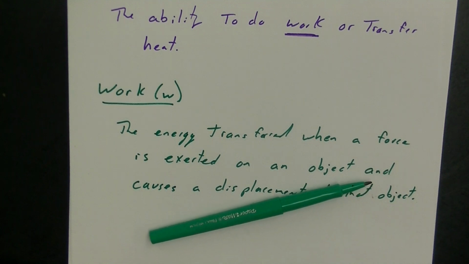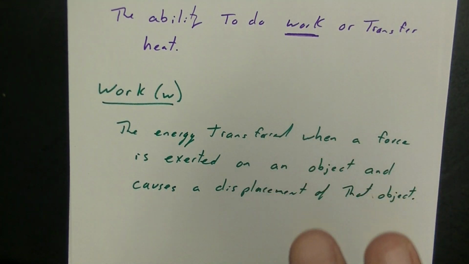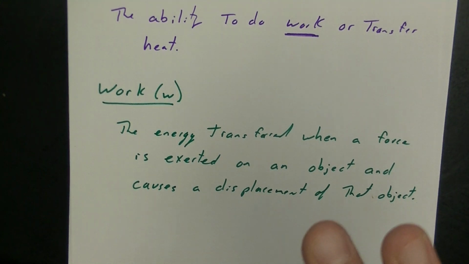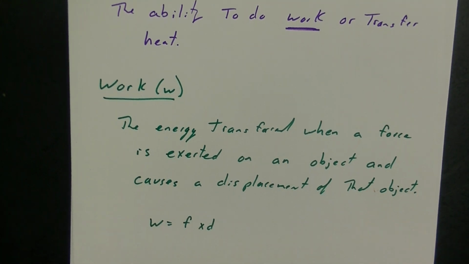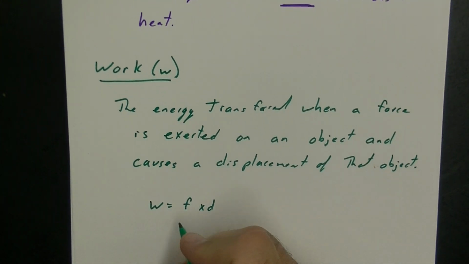Okay, so for example, if I take my pen and I pick it up, I am doing work to that pen. I am displacing it. Now there's a formula, W equals F times D, and those of you that have had physics, which should be all of you, you've used this formula before.